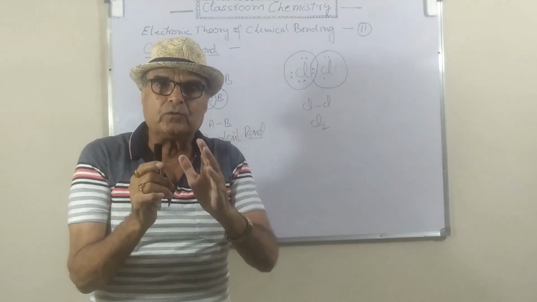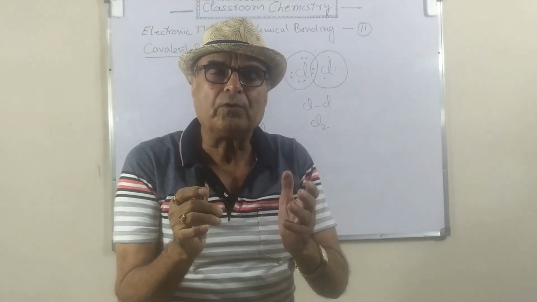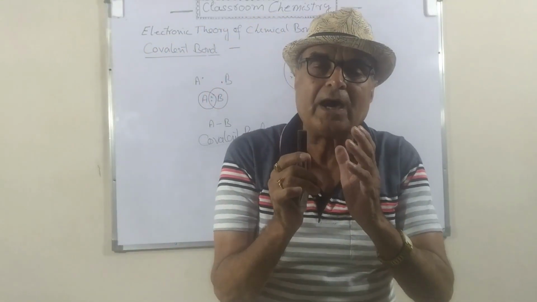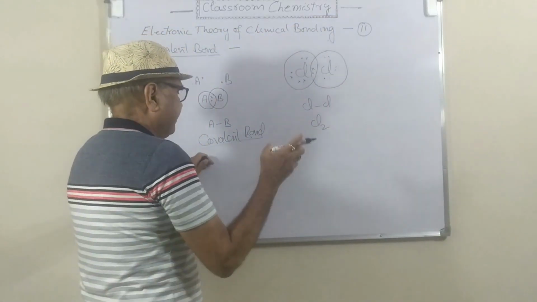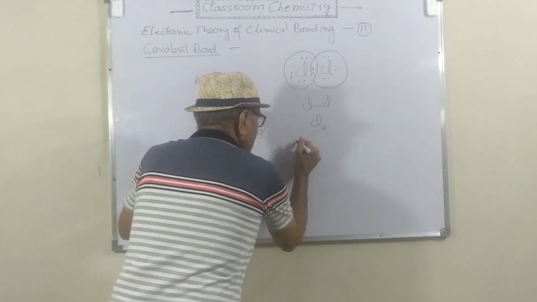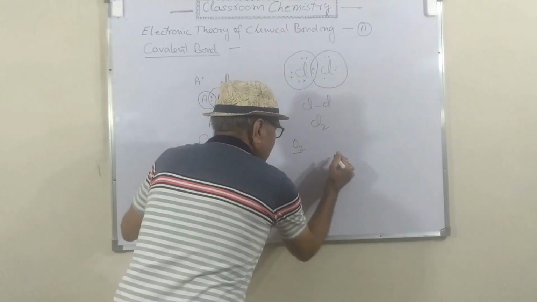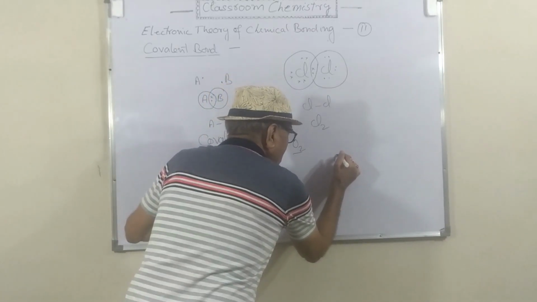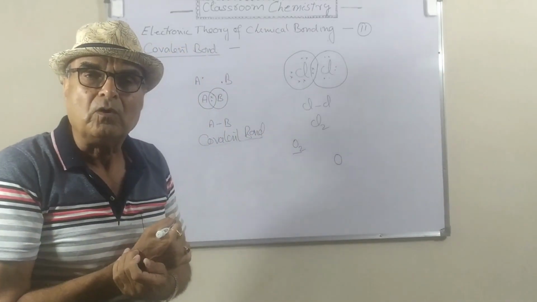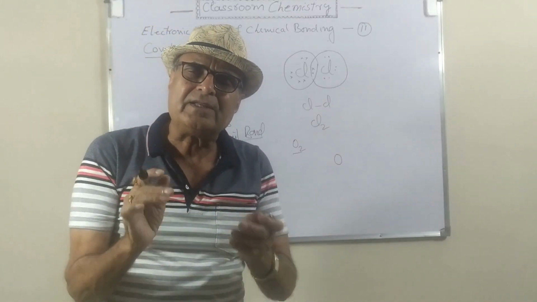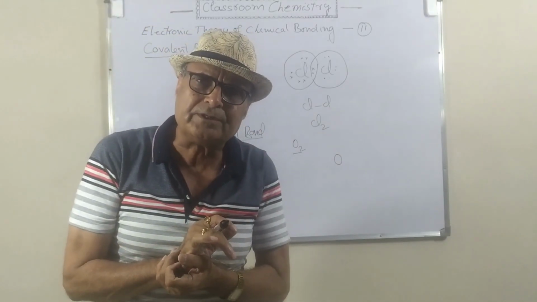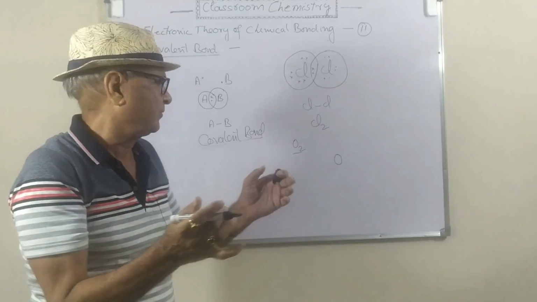Now I am going to explain when double covalent bonds are formed. Take the example of O2. This is O, and this is O. How many electrons are there in the outermost orbit of oxygen? There are 6 electrons.